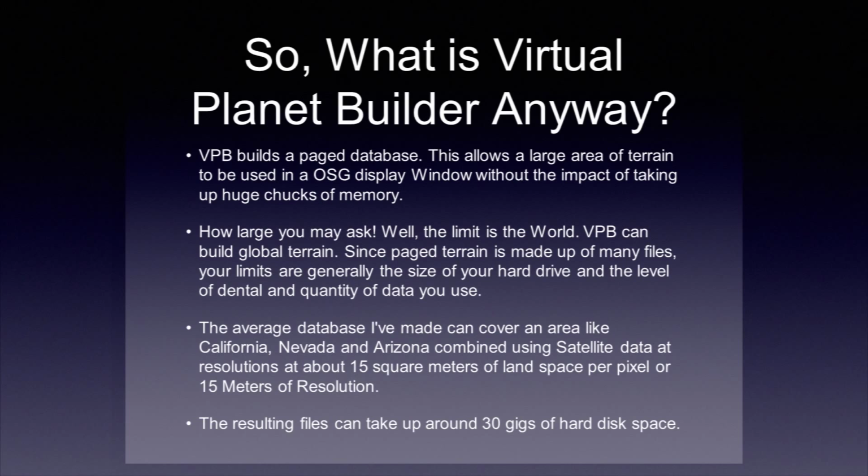The average database that I have made can cover an area like California, Nevada, and Arizona combined, using satellite data at 15 square meters of land space per pixel, or what is referred to as 15 meters of resolution. The resulting files can take up to 30 gigs of hard drive space or more, depending on the detail.